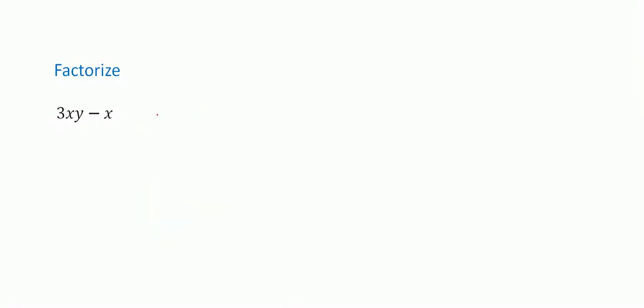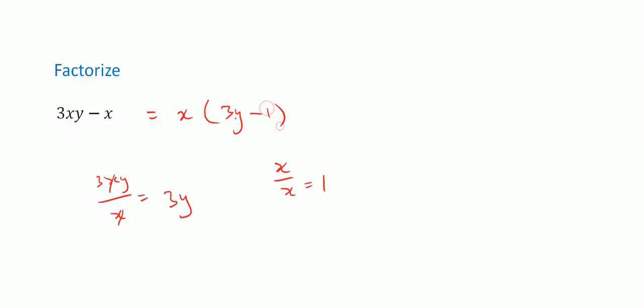Let's do another simple one. The only thing I have common to both terms is the x, and the first term will just be 3xy over x. The x would cancel with this x, and this will give us 3y. Then we have x over x, which will give us 1, so it's minus 1.